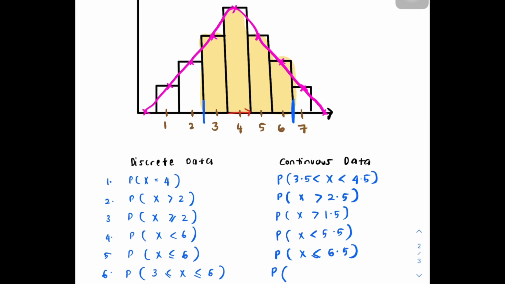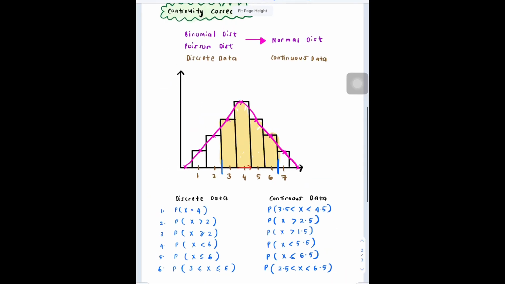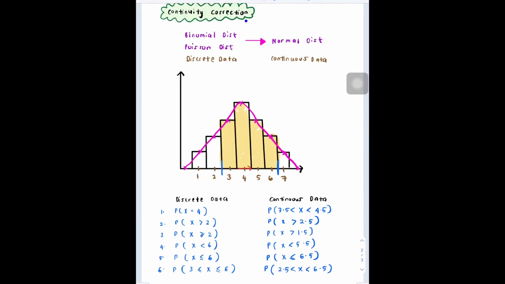So when you convert to continuous data, the range is from 2.5 up until 6.5. Okay, that's how you convert from discrete data to continuous data. This method we call the continuity correction. So this is the compulsory step when you want to approximate normal from a binomial question and also a Poisson question.